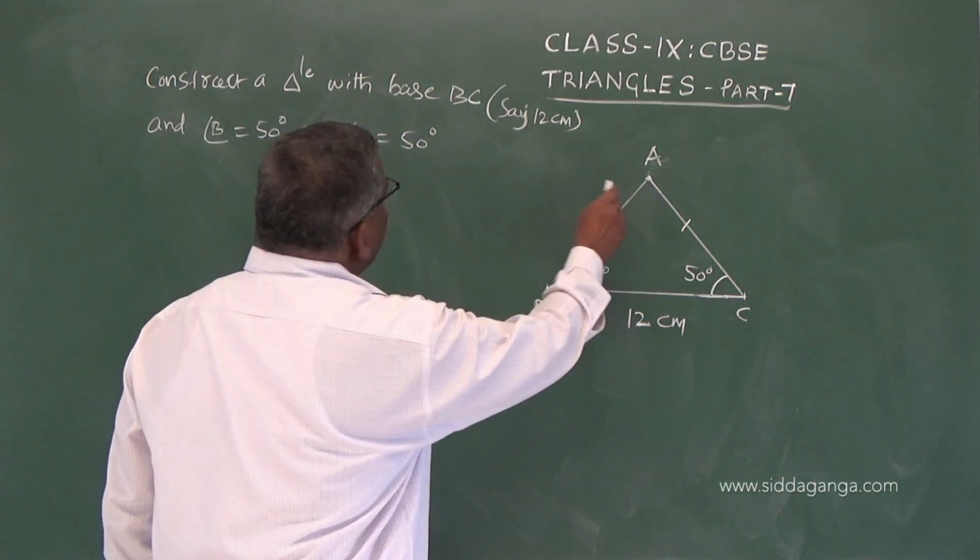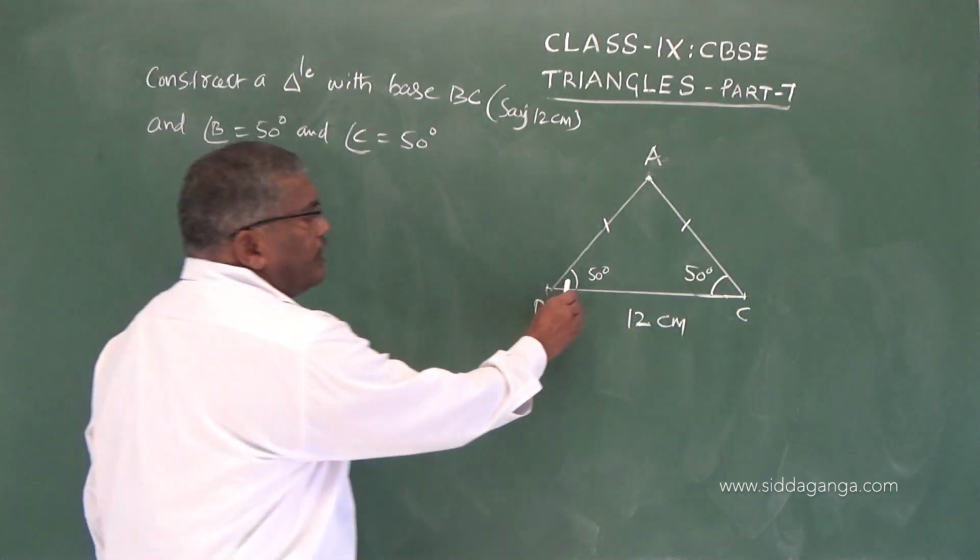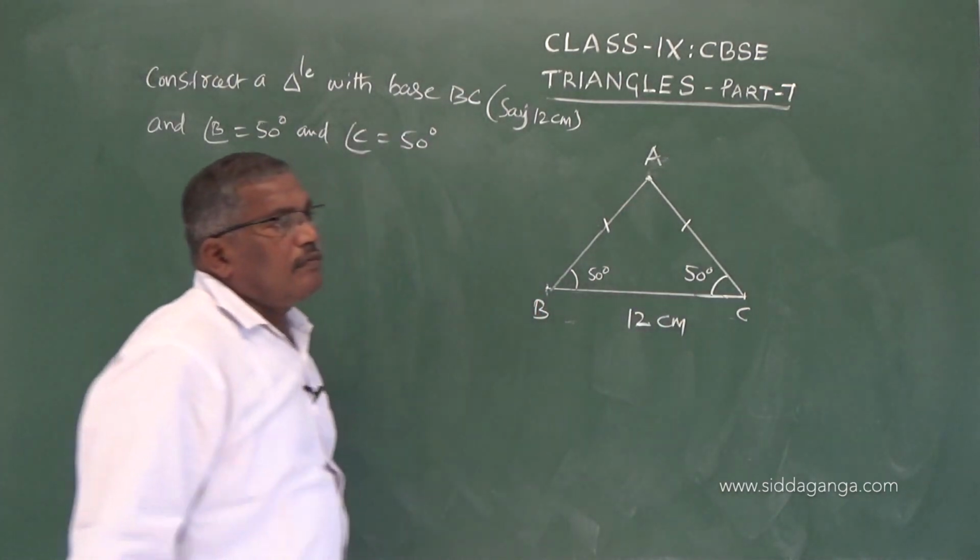Now we got the triangle ABC, these two angles are equal.